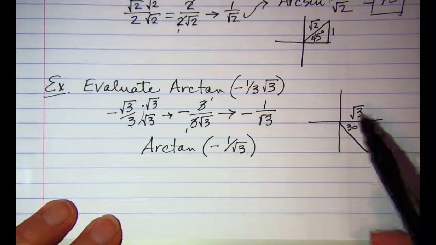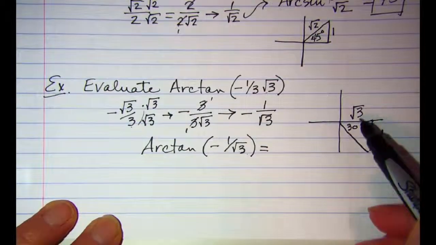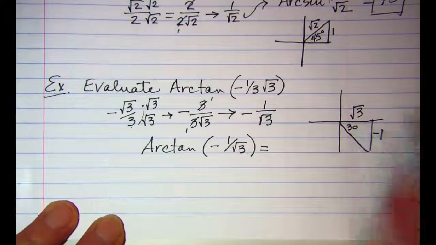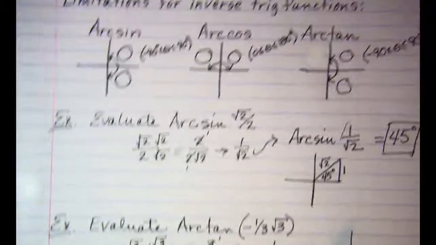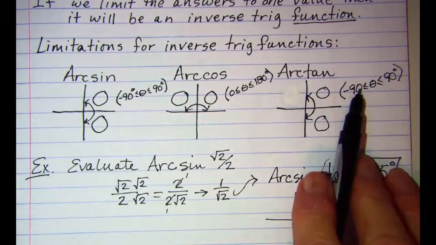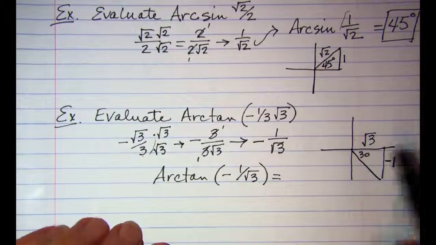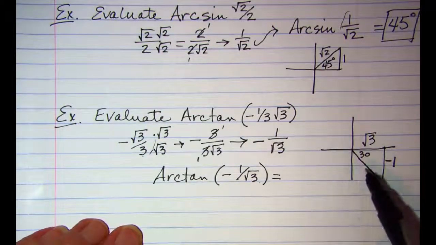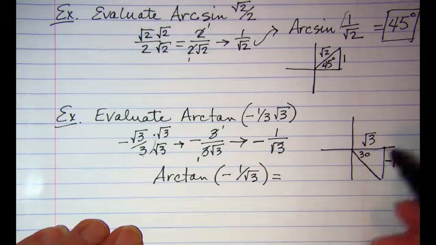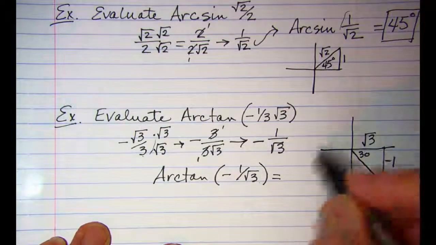Now you may be tempted to give the angle as 330 degrees, but let me point out again that our arctan is limited to numbers between negative 90 and 90, and 330 is outside of that interval. So I need to write my answer as negative 30.